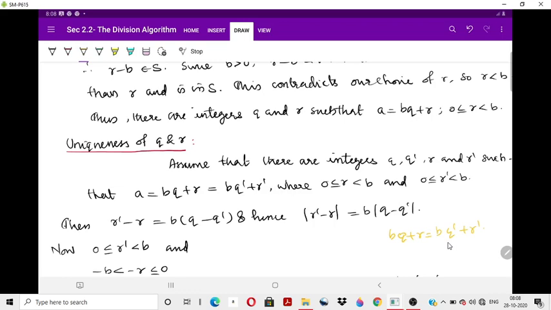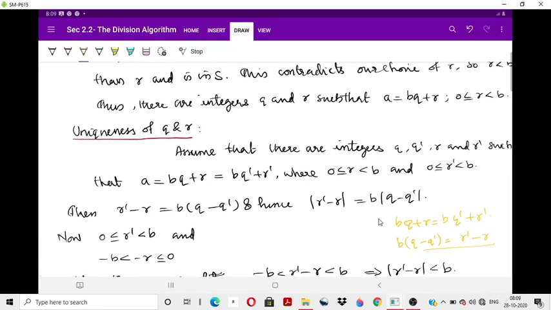Now taking R to the right and BQ dash to the left, we have B into (Q minus Q dash) is equal to R dash minus R. That means R dash minus R is equal to B into (Q minus Q dash), and hence taking the modulus we can write it as mod of R dash minus R is equal to mod B, and since B is positive, mod B is B itself, so B into mod of Q minus Q dash.